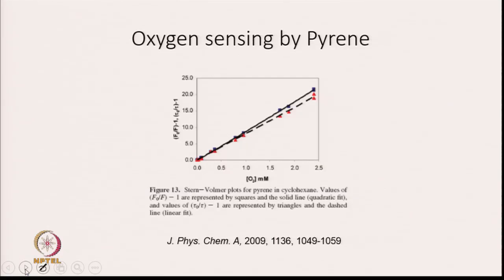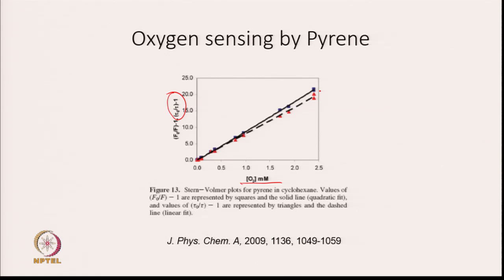Now, another application is oxygen sensing by pyrene. Pyrene is another fluorophore which is used for sensing oxygen. And this is the Stern-Volmer plot. Again, you can see that we can look at the lifetime measurement versus oxygen, and you can see that this is basically increasing.